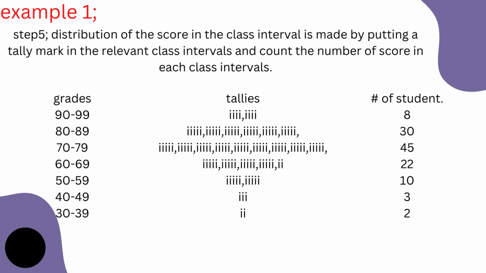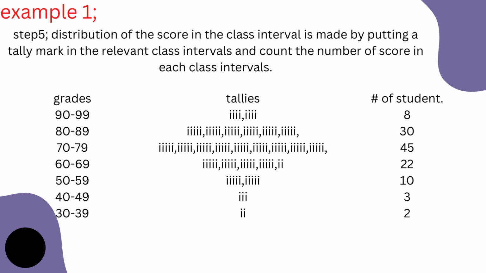Here we can see the grades and the tallies. The number of students that get the grade 90 to 99 is 8, divided into two groups. Then from 80 to 89 there are 30 students, divided into 6 groups of 5.